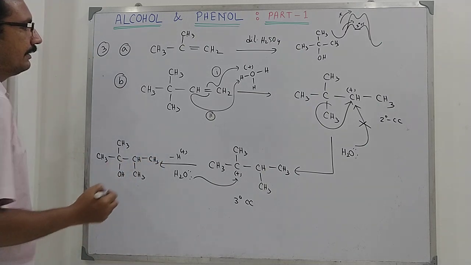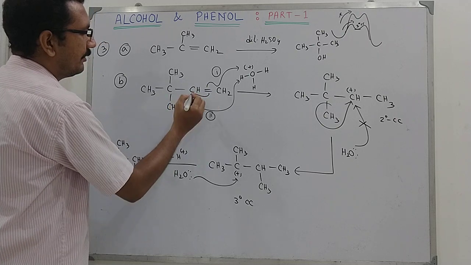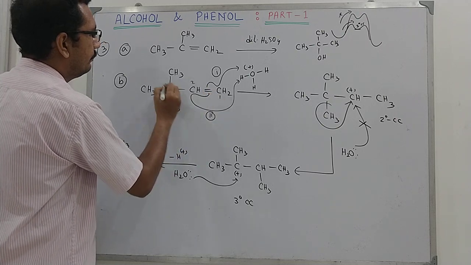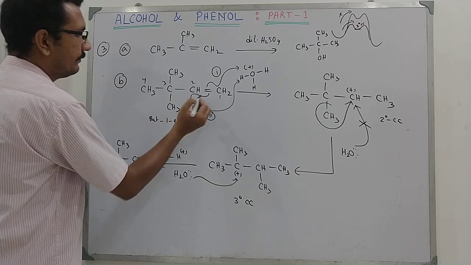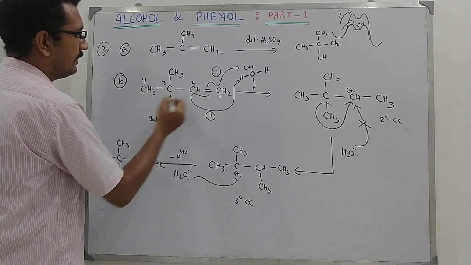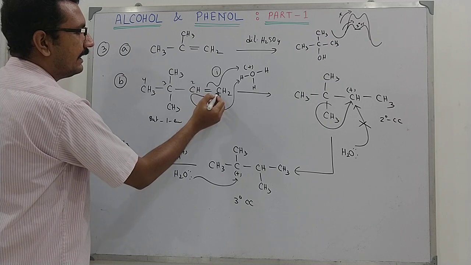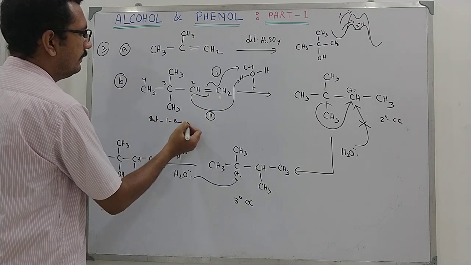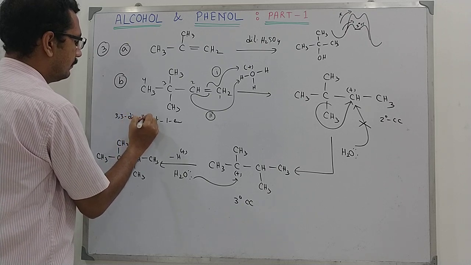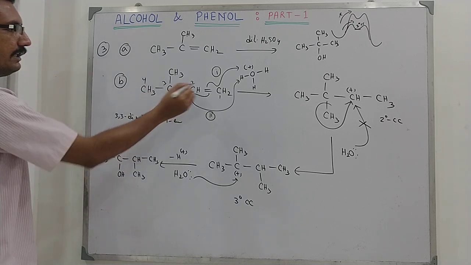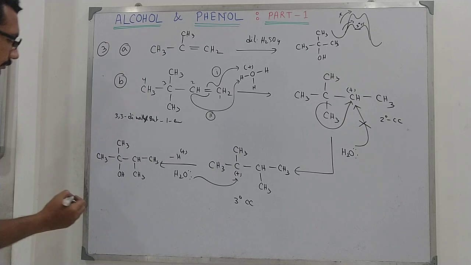This is the product. Now see, the name of this compound: this is 1, 2, 3, 4. So it is but-1-ene, 4 carbons with the alkene at the terminal position, and here it is 3,3-dimethyl. So we started with 3,3-dimethylbut-1-ene. And what we get?